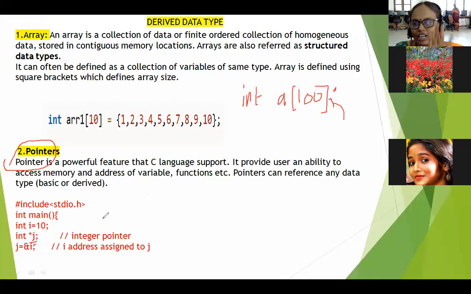Similarly, asterisk is the pointer variable. If I put asterisk j, I can access the address of i. That is the power of pointer. So j equal to, I can simply put now, ampersand of i. That is possible here.